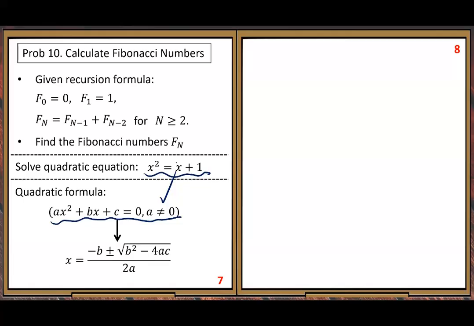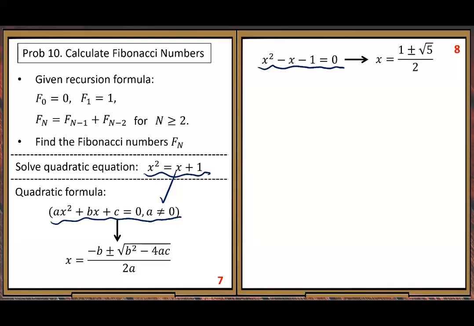Well-known formula. So now let us plug in A, B, C, 3 coefficients for our current quadratic equation. So this is the standard form of our current quadratic equation: A equals 1, B equals -1, C also -1. Now let us plug into the quadratic formula.